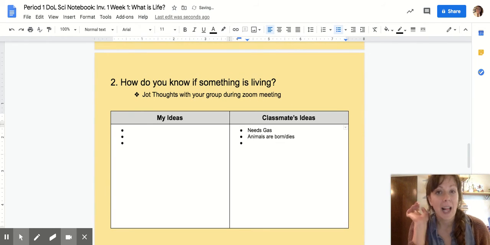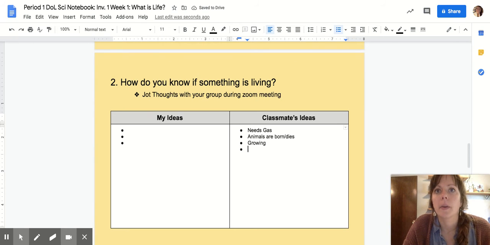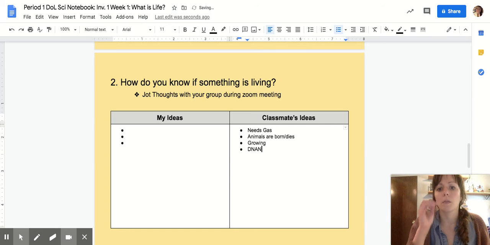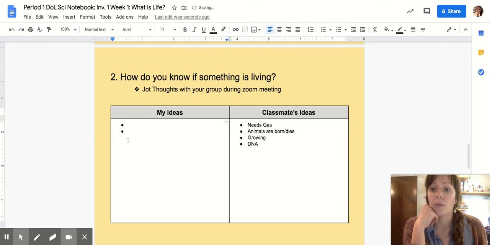Classmates' ideas, growing. And in one class, we also heard some students mention DNA, and that being a sign that something is living if it has DNA, which is a very sciencey idea. So this is 4 classmate ideas. I'd like you to now add 4 of your own ideas to the chart.